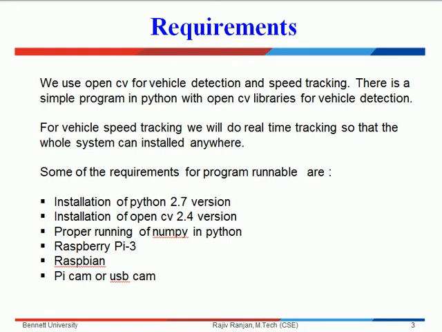There are also hardware requirements, like the Raspberry Pi 3 model, which has very nice processing power. We have used Raspberry Pi because it's a small processing unit. We can take it anywhere and install it at any place very easily. We just have to install Python, OpenCV and NumPy on this Raspberry Pi unit, and we can run that program.